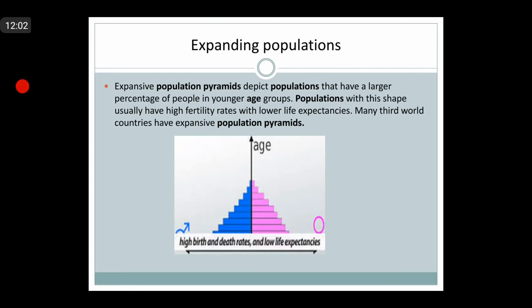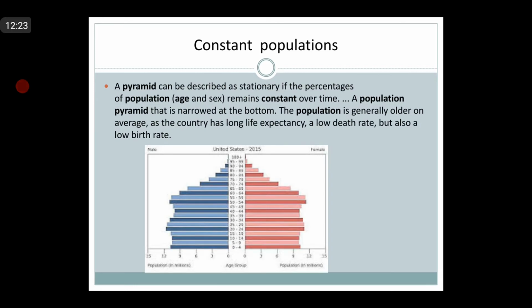So these have higher populations in lower age groups, and due to what, due to high birth rates. And if you construct this type of pyramid for Bangladesh and Mexico, it would look like the same less developed one.